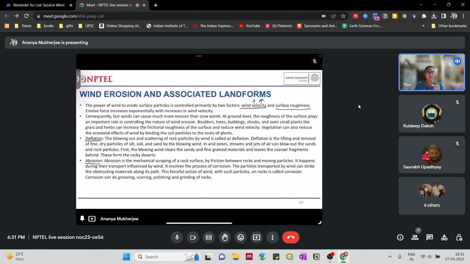It can lead to the formation of grooves and scars, and it can even polish the rock surface. So that is how abrasion takes place, and it is one of the most important processes of erosion done by the sediments transported by the winds.